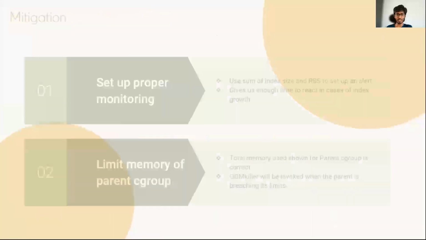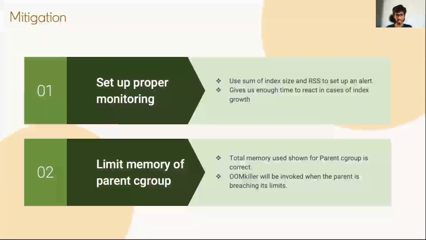And what did we do to fix the issue? First, we set up proper monitoring. We used to monitor the application cgroup usage, but as we figured out earlier, that doesn't always equate to the right thing.